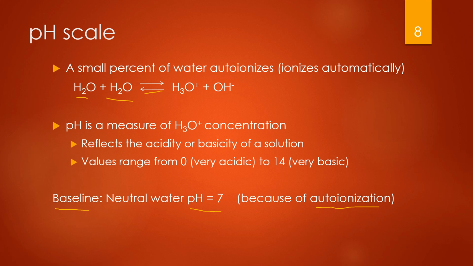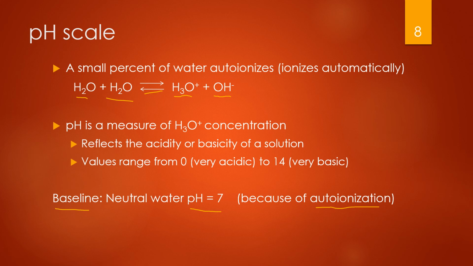When one of the waters donates a proton to the other water molecule, we get a conjugate acid, the one that accepted the proton, of H3O+. We get a conjugate base, the water molecule that donated the proton, of OH-.